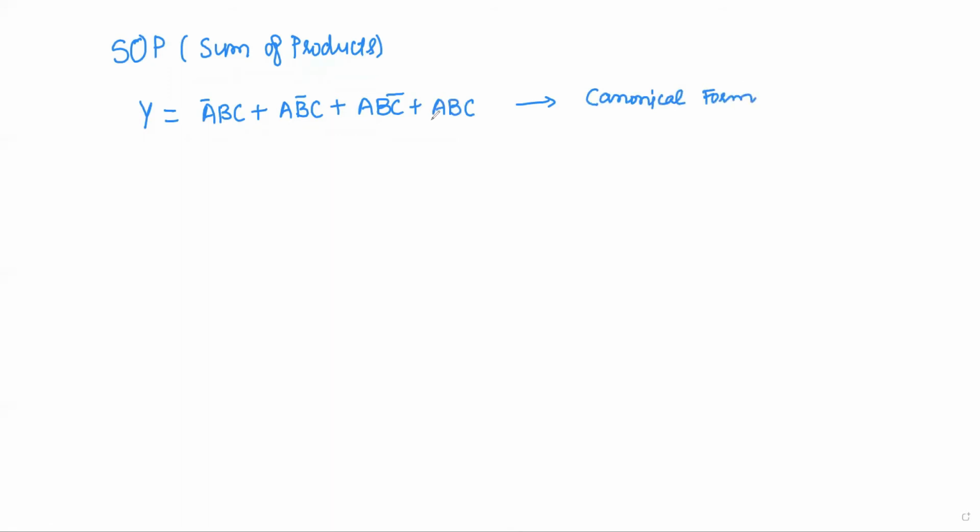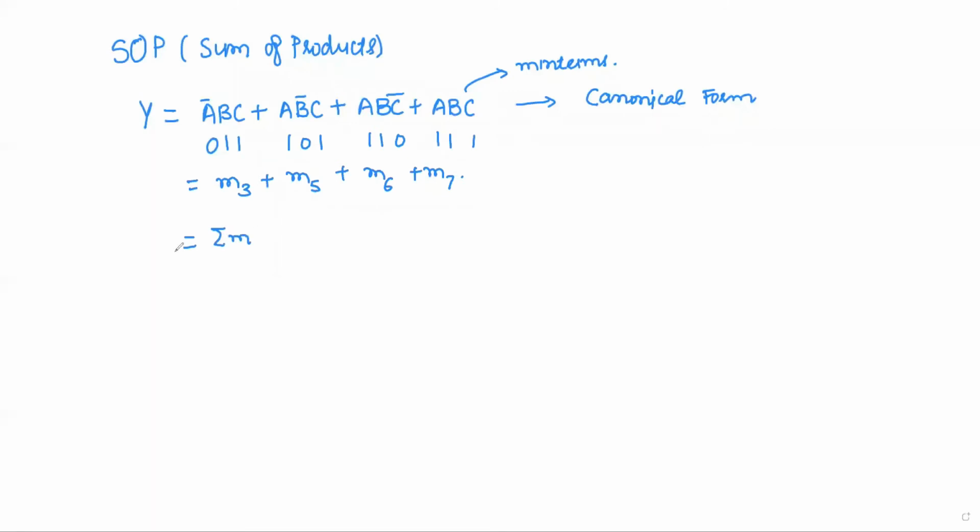This is called canonical form, and all the terms here are called minterms, and it can be written as 0 1 1, 1 0 1, 1 1 0, 1 1 1, and this is called M3, M5, M6 plus M7. So this is another way of writing the expression being given to you.